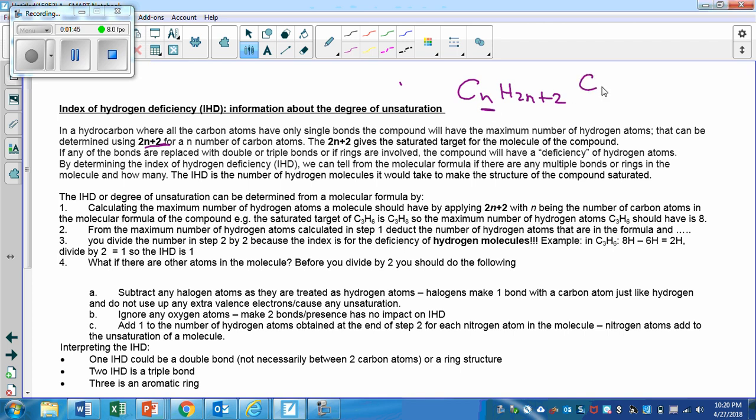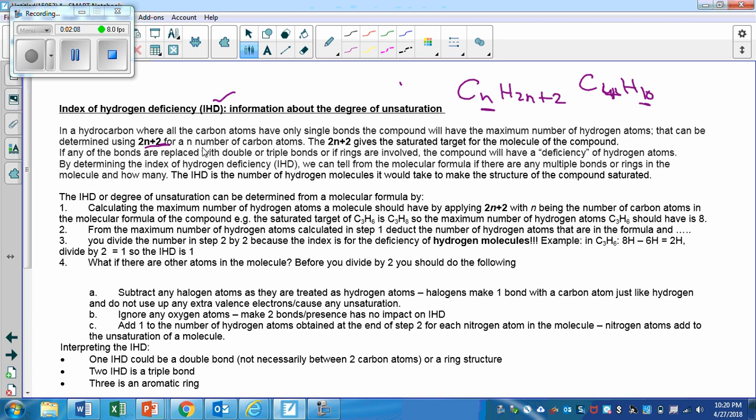So if I have C4, that means your hydrogen will be 4 multiplied by 2, plus 2. So you should have 10 hydrogen atoms for 4 carbon atoms. Now if the molecular formula that you are given has fewer hydrogen atoms than 10, that means it is deficient of hydrogen. That's all it is.